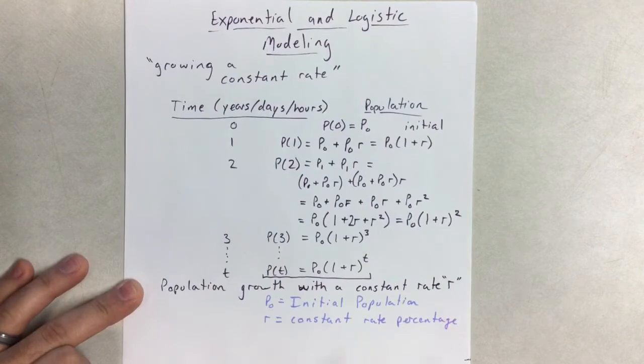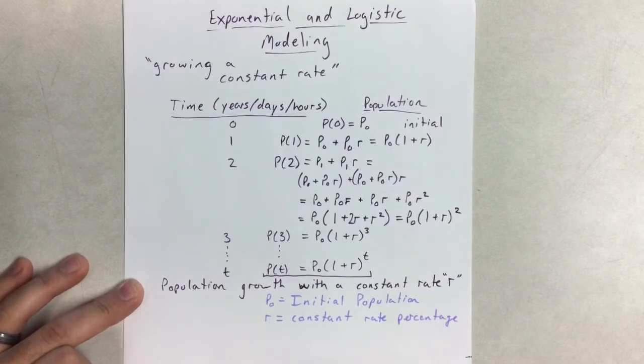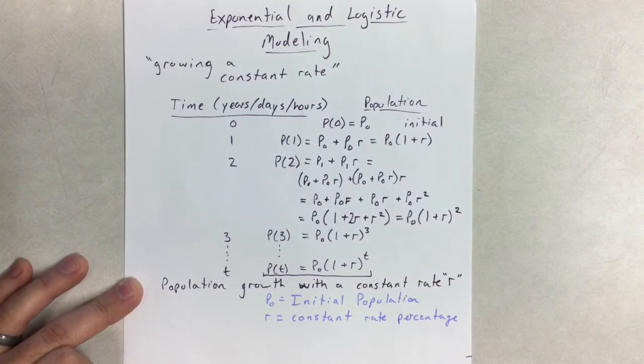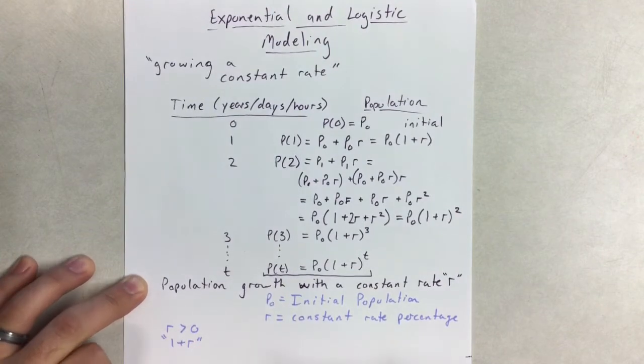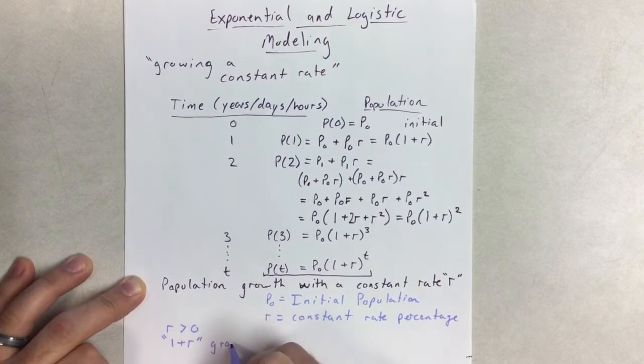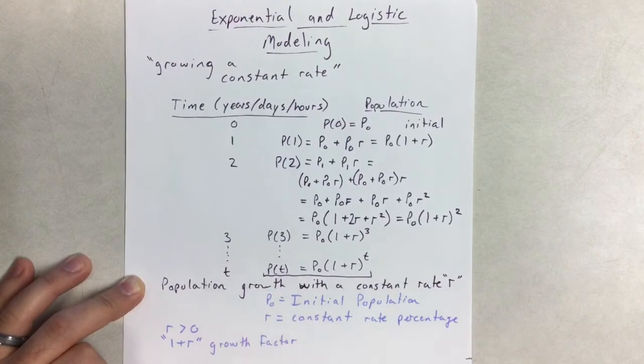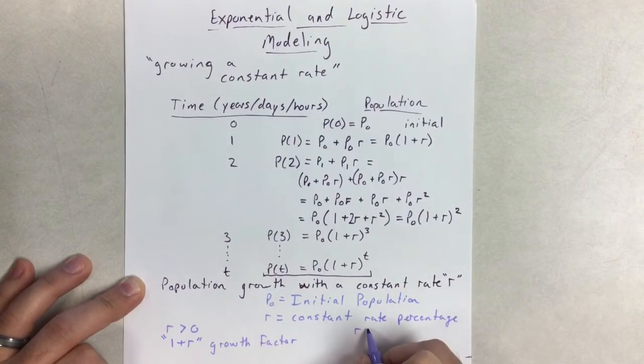And with this value of R, how it varies changes the context of the problem, meaning when we have an R value that's greater than 0, a rate that's greater than 0, 1 plus R will also be greater than 0, but we call this a growth factor because it will result in our population growing. Whereas when R is less than 0, 1 plus R we would designate as a decay factor.